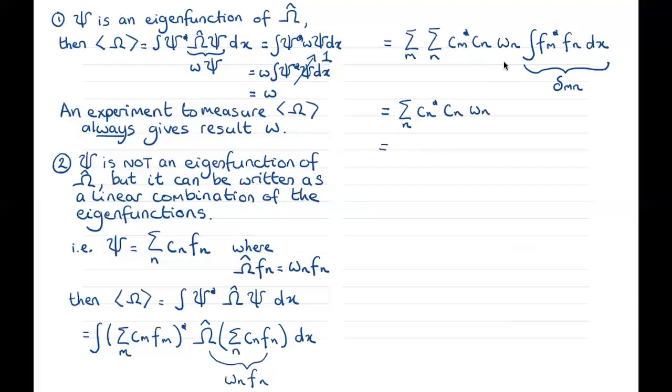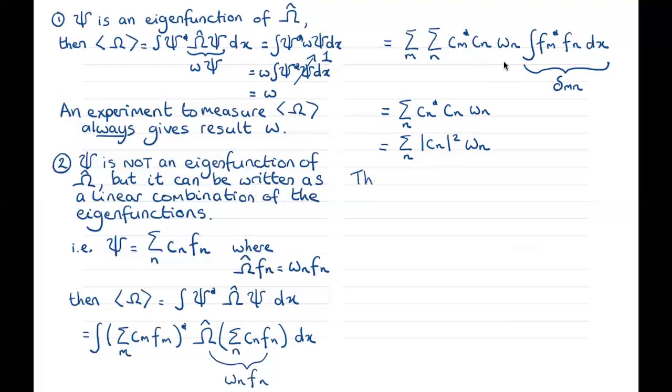And my expectation value then is the sum over the eigenvalues, weighted by the square modulus of the coefficients of the eigenfunction in the wave function.